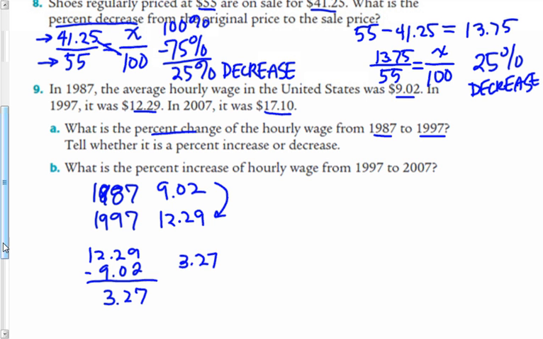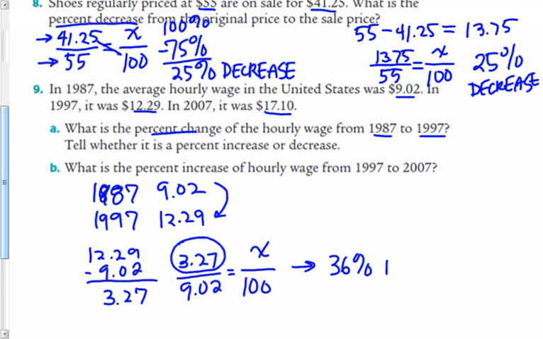Now I'm going to compare that to the original wage, the beginning wage, the 1987 wage, and change that to a percent. 3.27 times 100 divided by 9.02 equals about, and I'm rounding this, about 36%. Since this number represents the difference between these two, that's the percent increase.